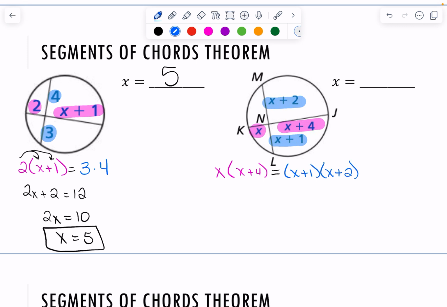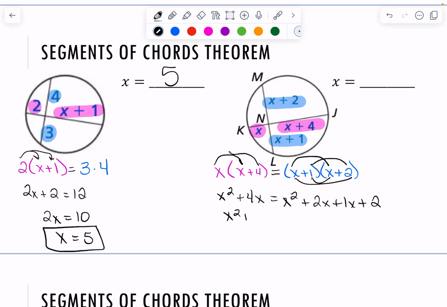Now we're going to distribute. That gives me x squared plus 4x, and on the other side, x squared plus 2x plus 1x plus 2.